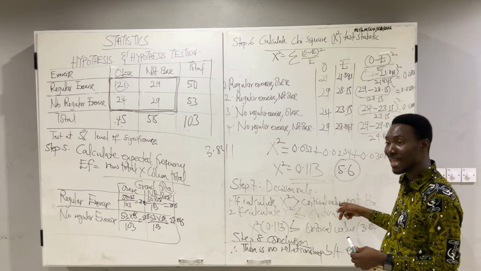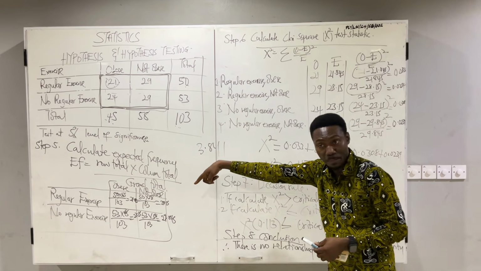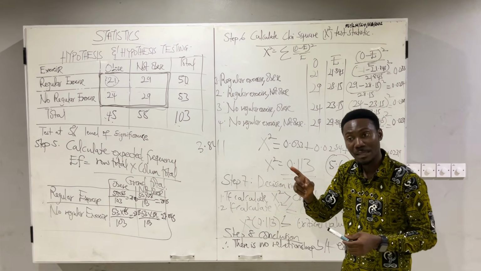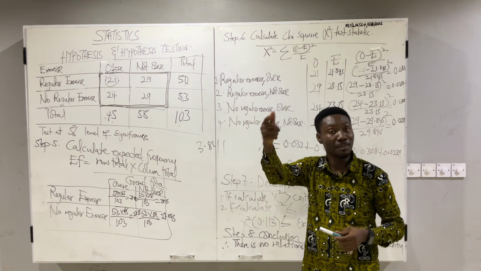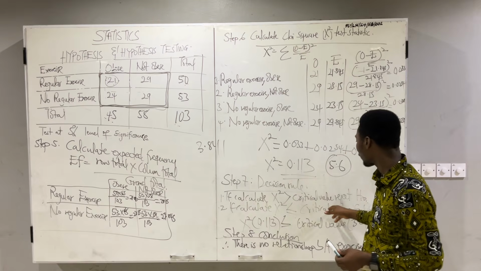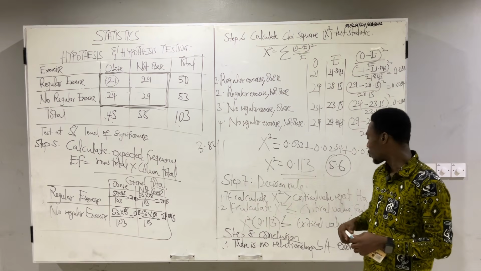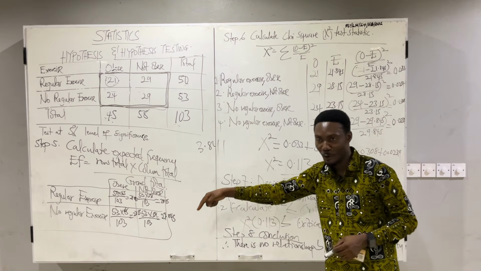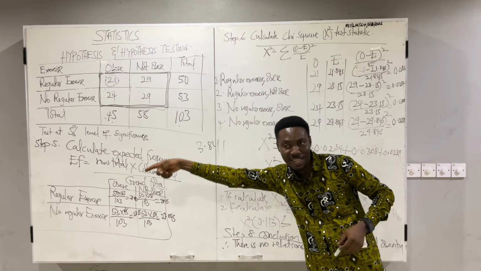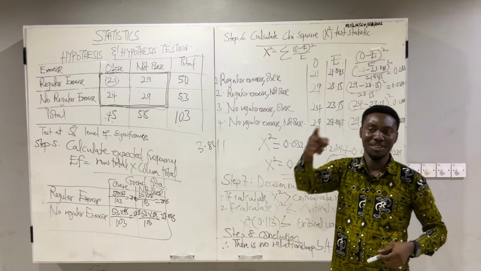It means we would accept the alternative hypothesis, but we don't use the word accept, so you say reject H0. When you say reject H0, it means you've accepted the alternative hypothesis. Then you write, therefore, there is a relationship between exercise and obesity.